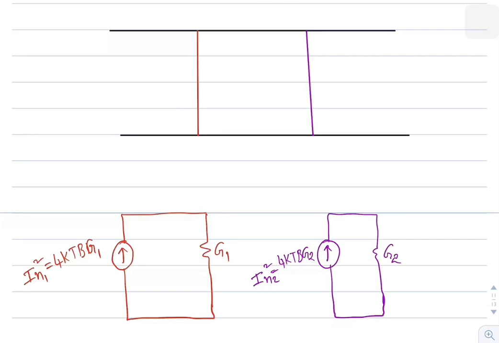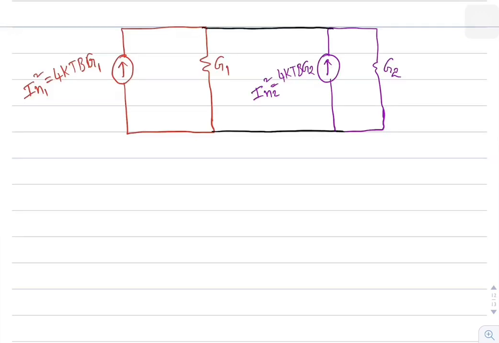And these two are connected in parallel. In such a scenario, the resultant conductance G equivalent is the sum of G1 and G2. Similarly, the resultant current In square equals In1 square plus In2 square.